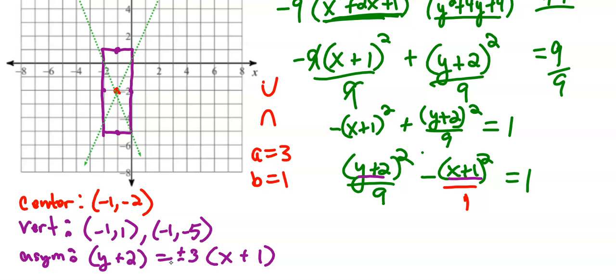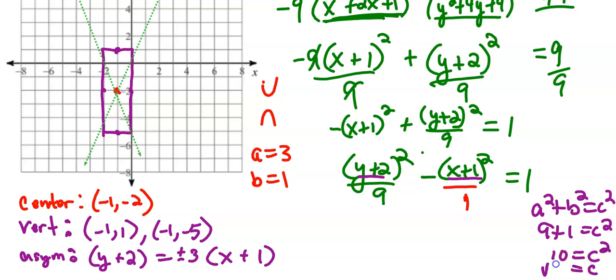And now we also need to know the foci, so we're going to use a squared plus b squared to find out c. a squared is 9, b squared is 1. So c equals the square root of 10. Remember, the foci are going to be from the center along the transverse axis. You're going to be adding and subtracting that c value. In this case, since it's vertical, we're going to be adding and subtracting it from the y value.